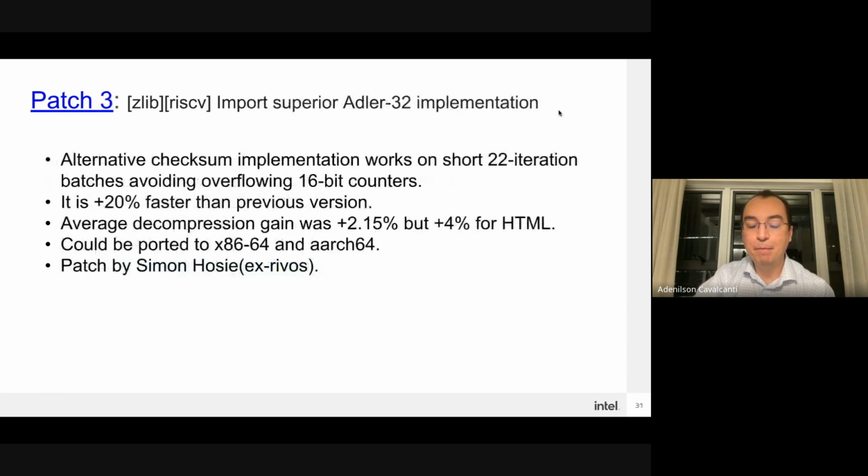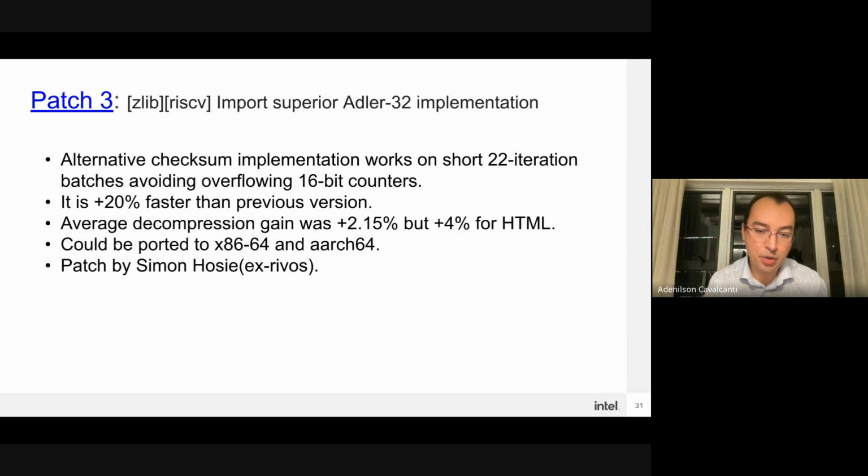Right. So after we had landed the first Adler32 implementation, Simon Hose contributed a really cool alternative way of computing the same checksum. It works on 22 iteration batches, and was actually 20% faster than the previous one.